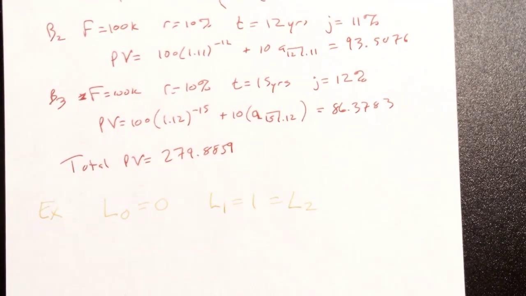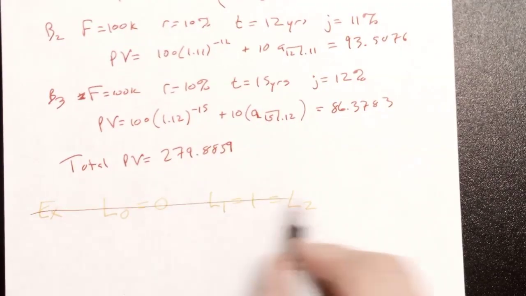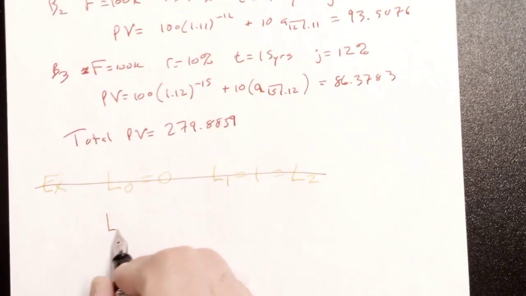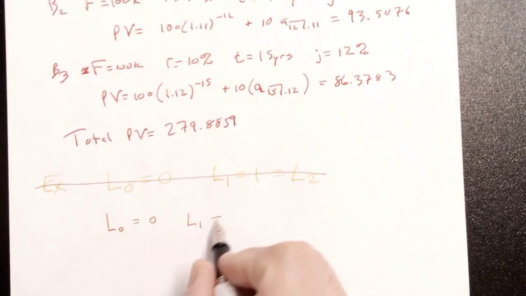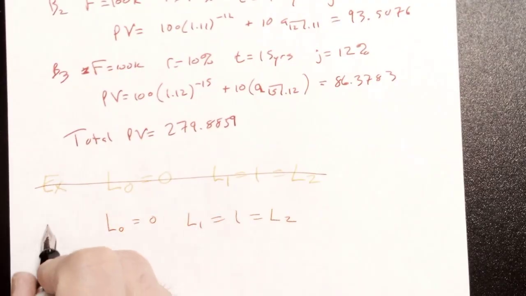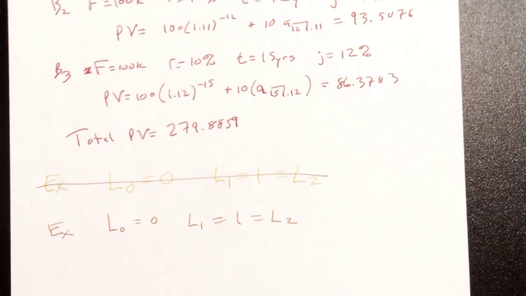Suppose I have, oh, that's barely visible. Let's not use that. That's brighter. I have no liability today, but next year I have a liability of 1, and a year after I have a liability of 1.